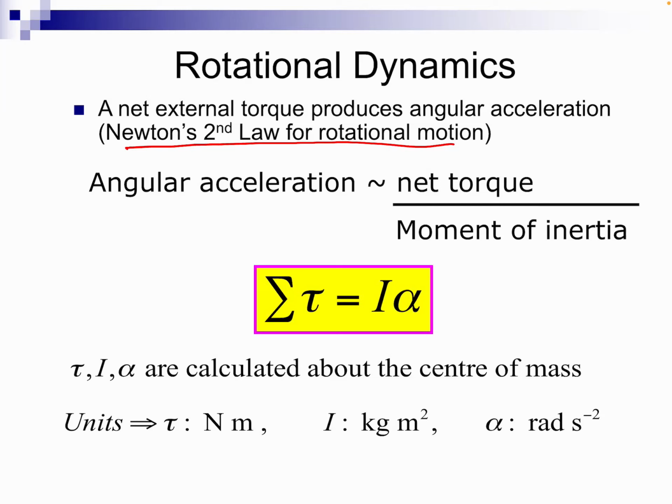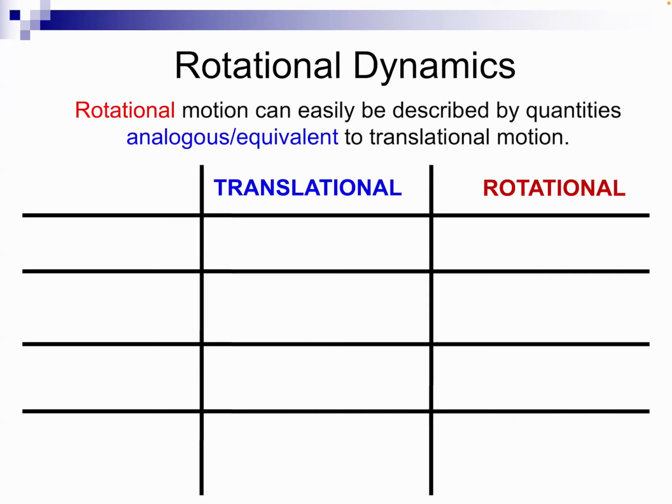So Newton's second law for rotational motion is: the net torque, the sum of all the torques generated by the forces acting on the system, is equal to the moment of inertia times the angular acceleration.